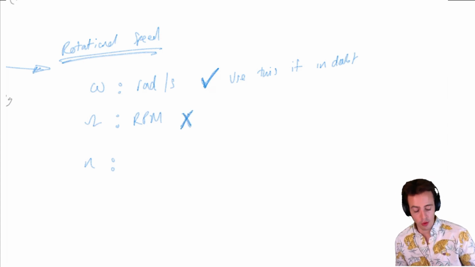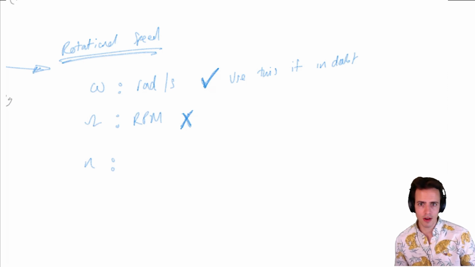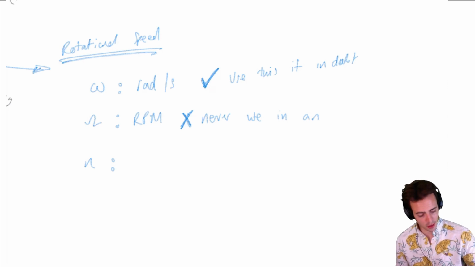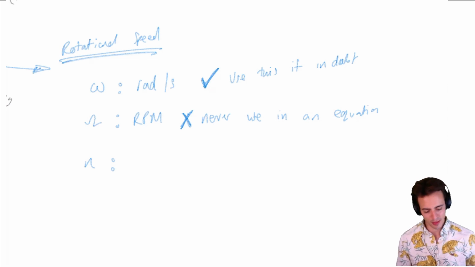Pretty much never use this in an equation. This is just something that we talk about. So we'll say never use in an equation, unless that equation is one that converts from revolutions per minute into one of the other human understandable units.